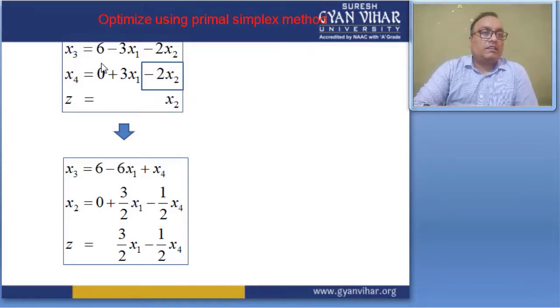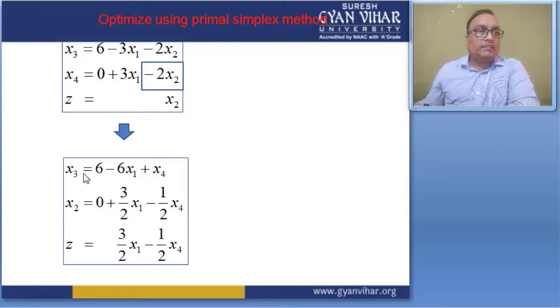In the place of minus 2x2, put x4. So in this case x3 is converted into x3 equal to 6 minus 6x1 plus x4, right?